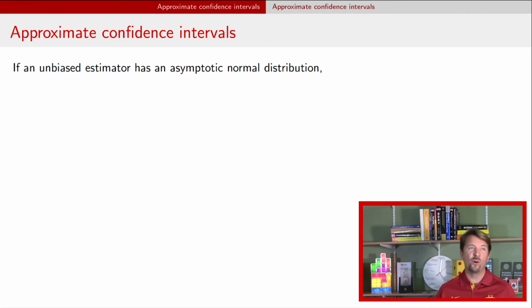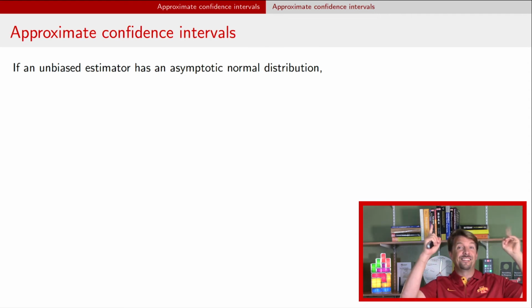And so we're going to be focusing primarily on unbiased estimators, and those unbiased estimators that have asymptotic normal distributions. If you hear that phrase, asymptotic normal distribution, you should be thinking to yourself, Central Limit Theorem. If you're not thinking Central Limit Theorem, you might want to go back and check out the Central Limit Theorem video.